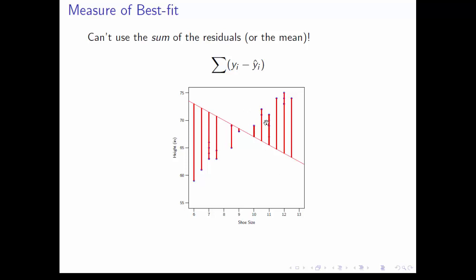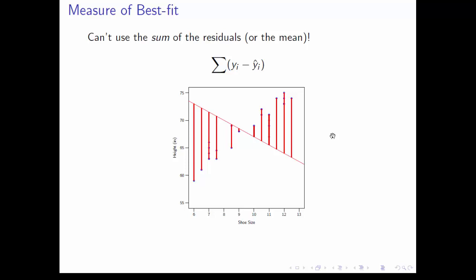And that negative residual will cancel with that positive residual. Sorry, these are positive residuals over here. And so forth and so on. So I'll have lots of cancellations because the negatives and the positives will cancel each other out. So this terrible line, remember, it doesn't even follow the points, it goes down from left to right, might actually have a very small sum of residuals.